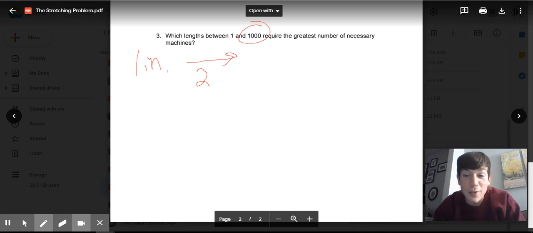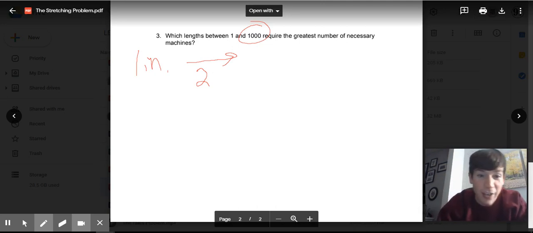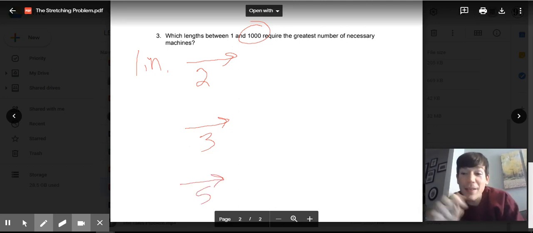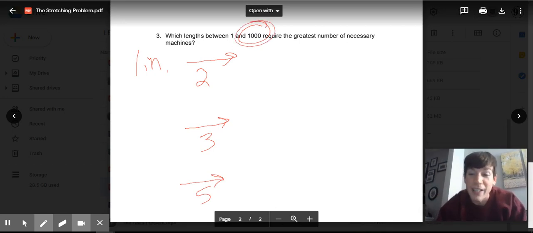And then I tried to use some other necessary numbers, and I used 3, which is also a prime number, or maybe even 5. You're trying to see how many times you can run it through machines before you get a number that is less than 1,000, but as close as we could get.